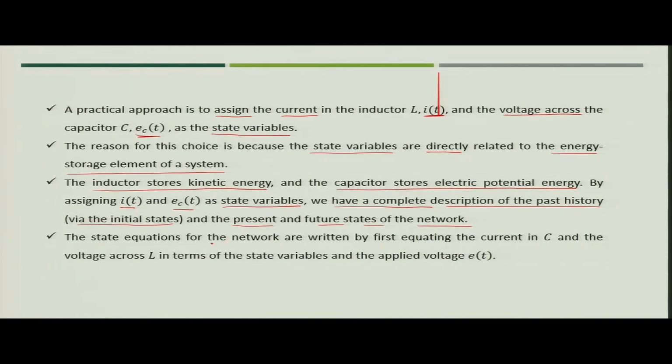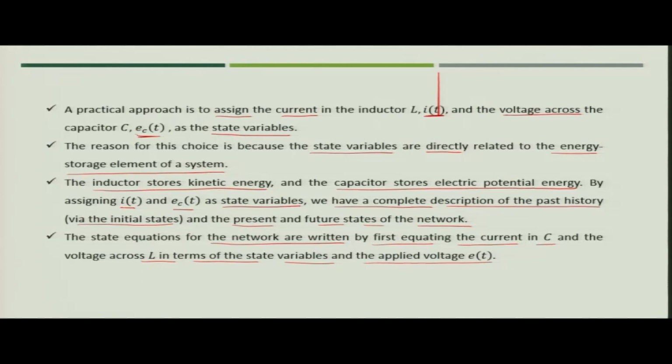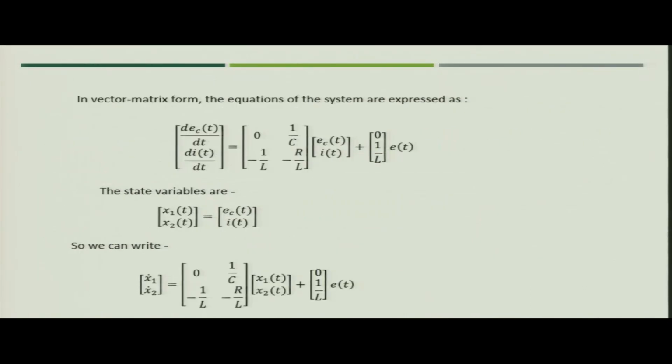Now, the state equations for the network are written by first equating the current in C and the voltage across L in terms of the state variables and the applied voltage. So, using the previous equations which we just saw, we can recollect and write them in terms of the state variables.